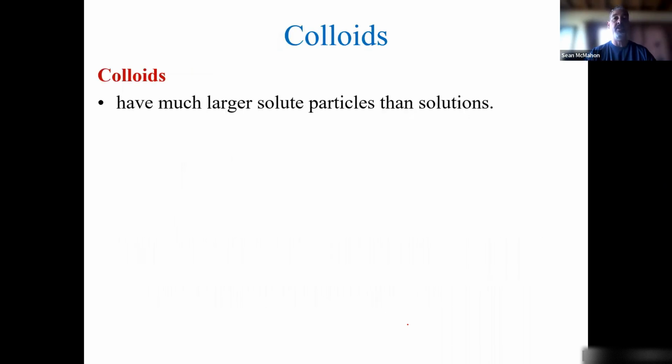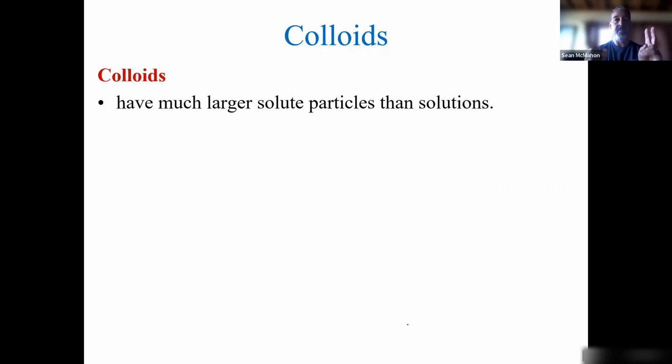Now, colloids are a little bit different. Those solute particles are bigger than small molecules like glucose. Glucose is only a 6-carbon structure, or sodium chloride ions. Colloid particles tend to be, for example, a vitamin or a protein. They're much larger particles.